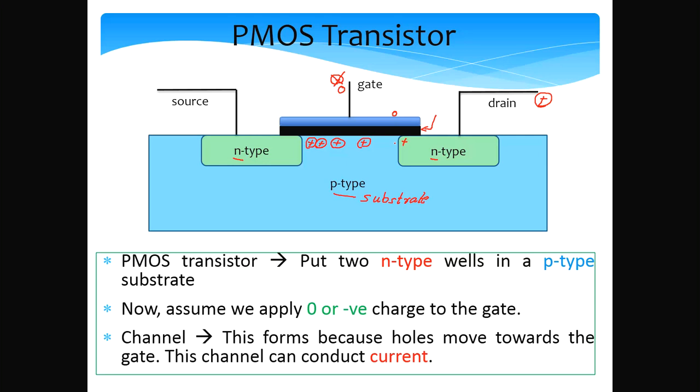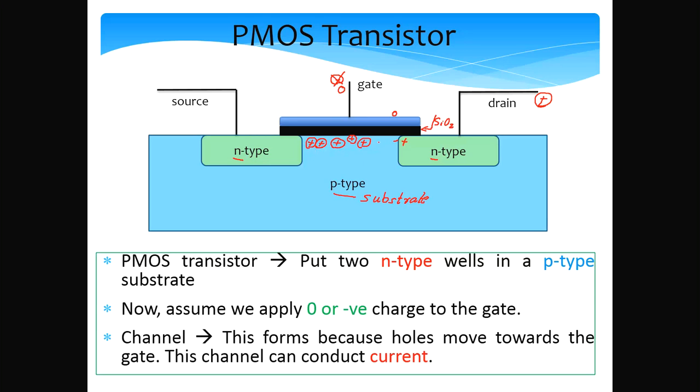Because of the positive charge, all the holes will get repelled, and they will essentially try to move towards the top, which is the gate. They will not be able to go because the SiO2 layer is there, but they'll essentially get stuck over here at the boundary. So we'll have an excess of holes over here.